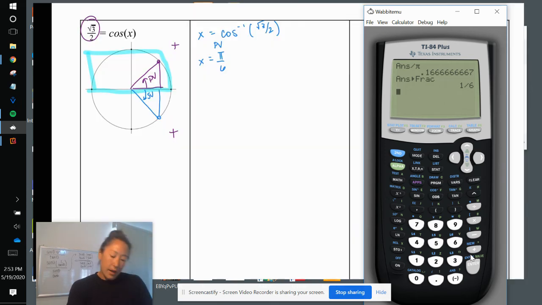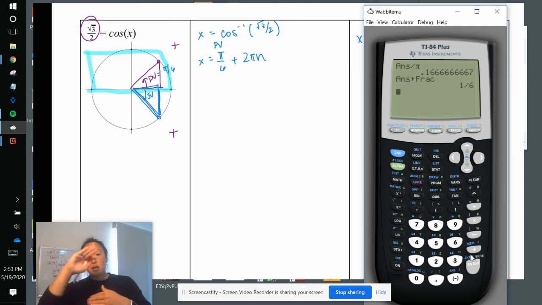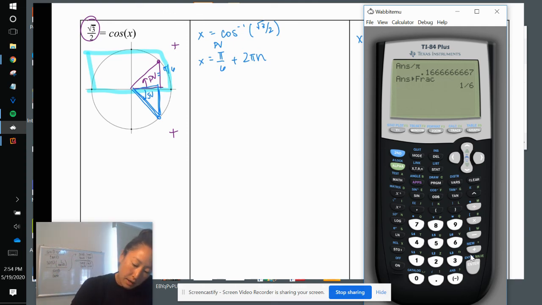That's our principal value. So our principal value is pi over 6 plus 2 pi n. The nice thing about cosine is that the secondary equation is just the negative principal value, because you can see that these two triangles are a reflection of each other across the x-axis. So we get negative pi over 6 plus 2 pi n.